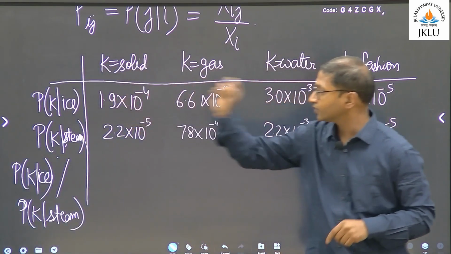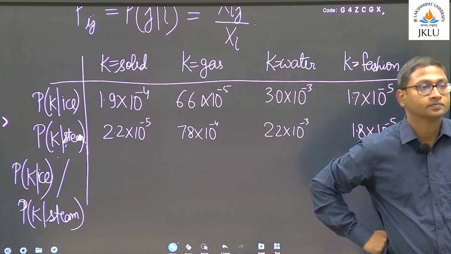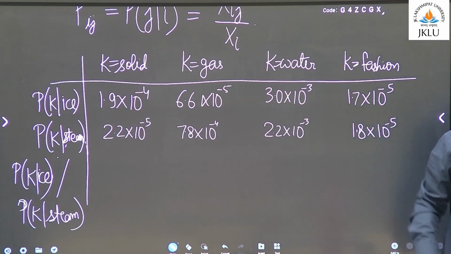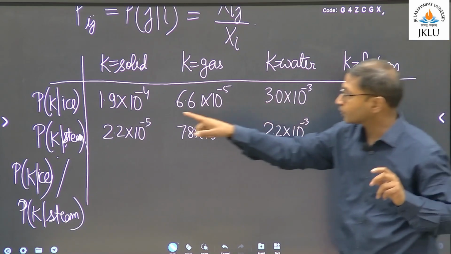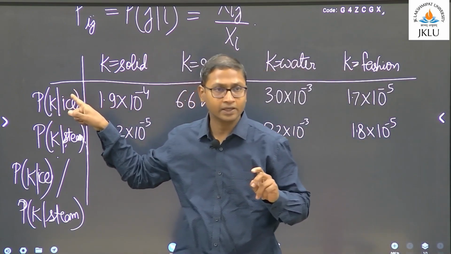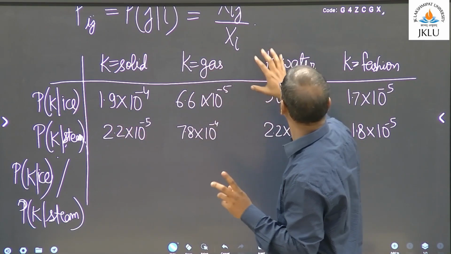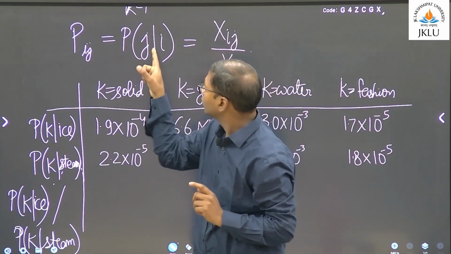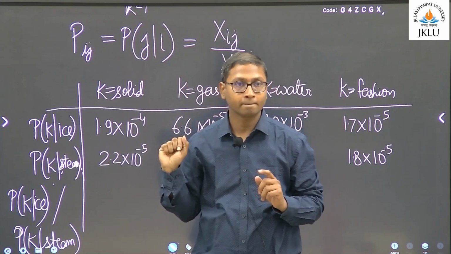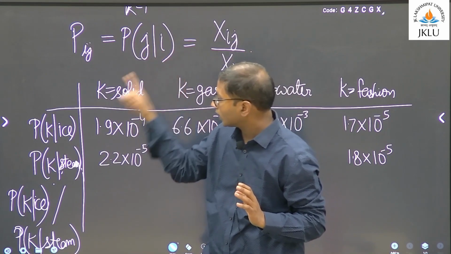This P of K given ice. Which row? So this is probability of j given i, am I right? So what is i? i is ice.